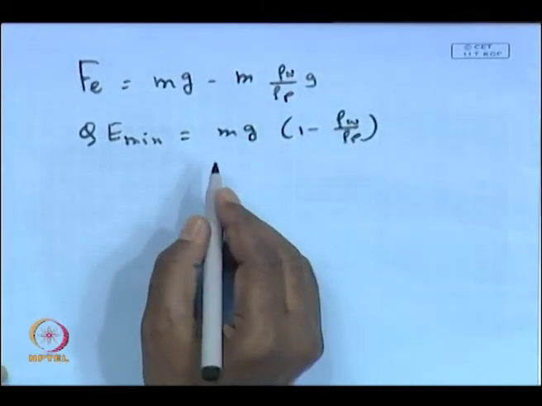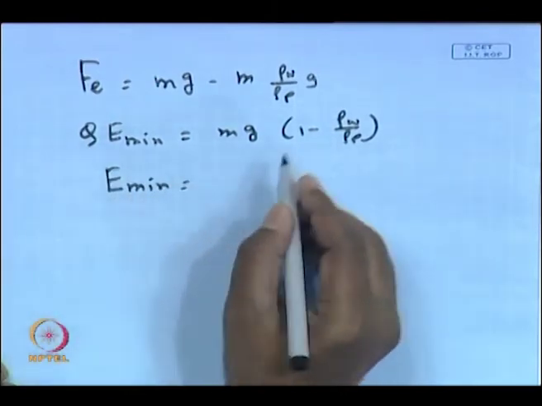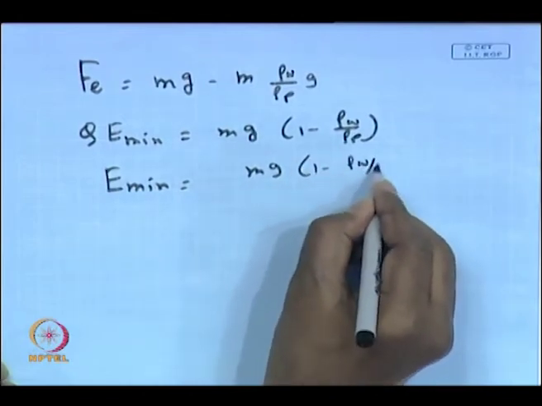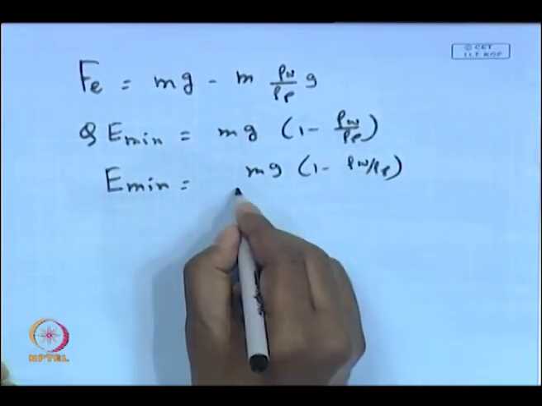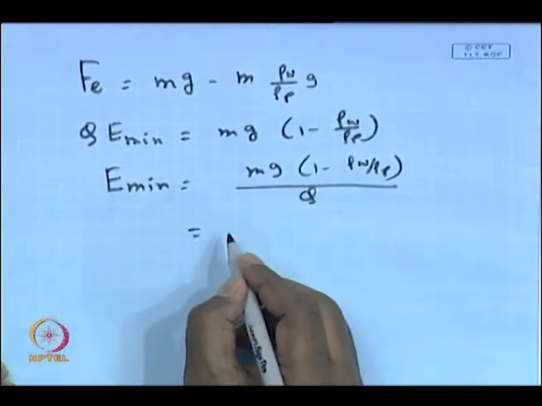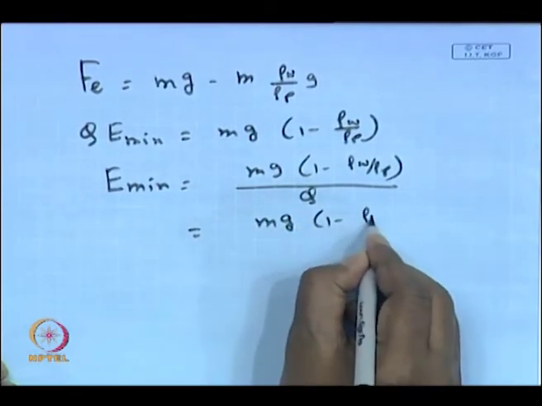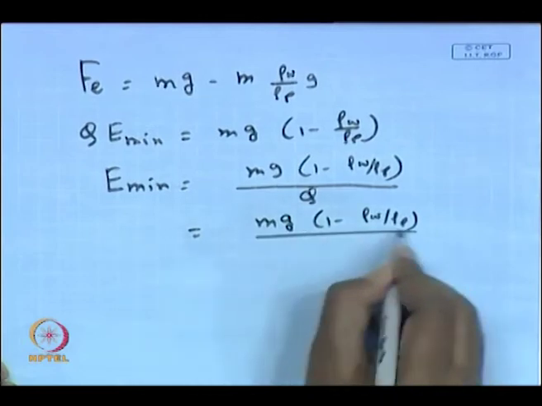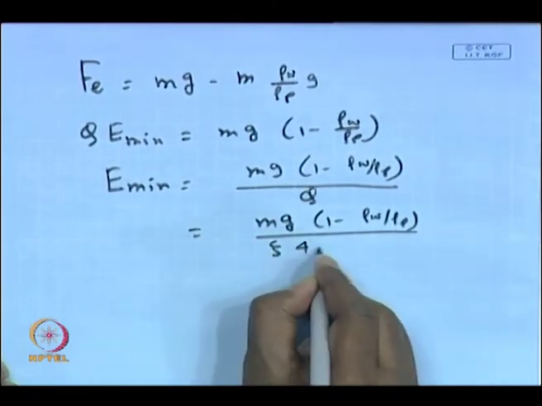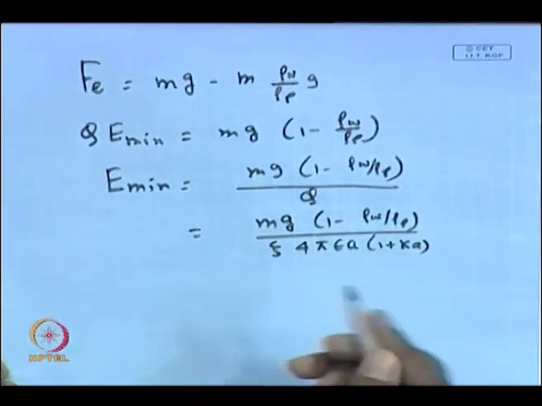So, you can find E minimum is mg times 1 minus rho w by rho p, that is the density difference, divided by q, and q is known to you in terms of zeta potential as zeta times 4 pi epsilon a into 1 plus kappa a.